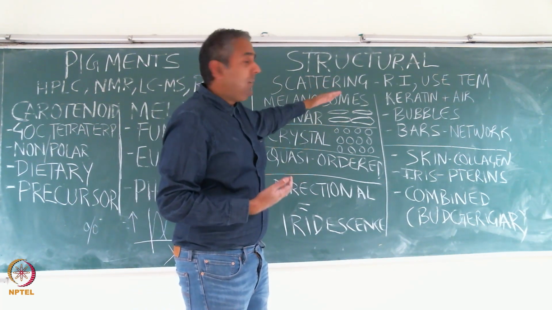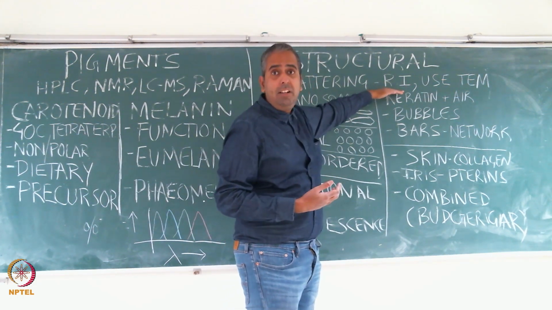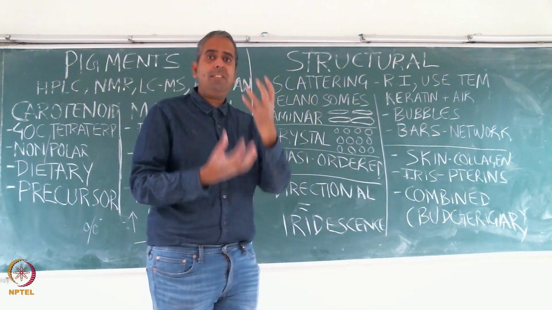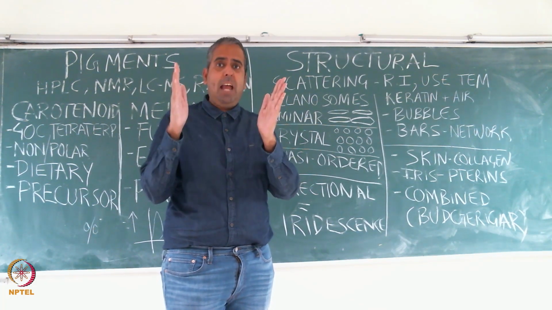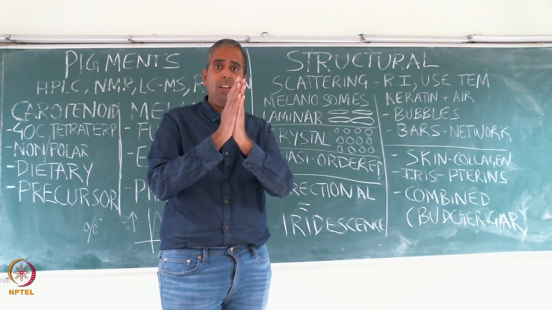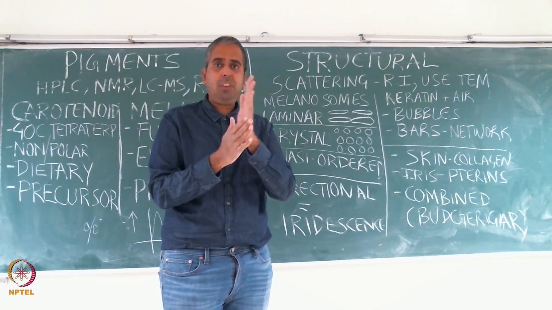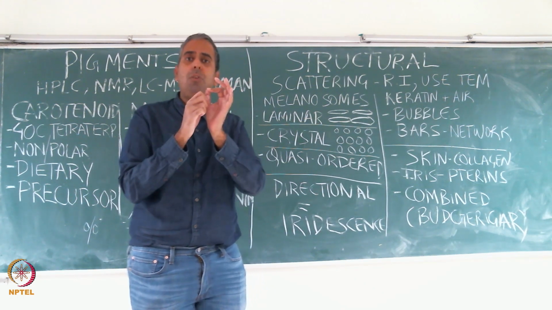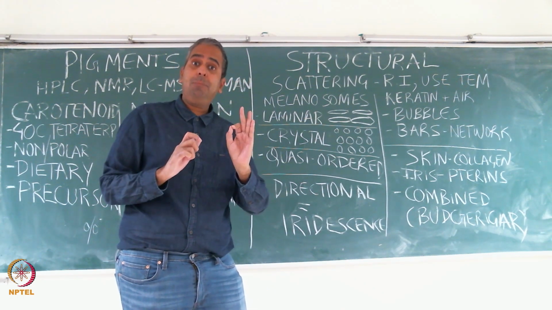For that to happen, all you need to remember is you have to have two materials of different refractive indices next to each other. So there has to be an interface, because the scattering happens at the interface of materials of two different refractive indices. If you disrupt this boundary, the scattering will fail and the color will be lost.